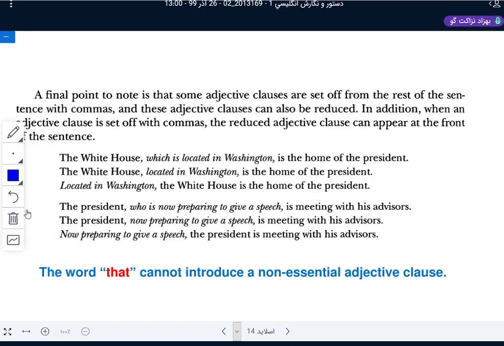Because the connector functions as a subject, we can reduce it with the verb. So the remaining is a phrase, a modifying phrase. It is an adjective.